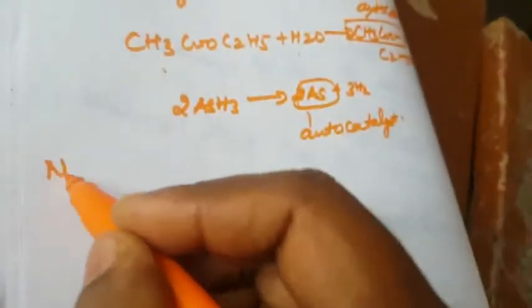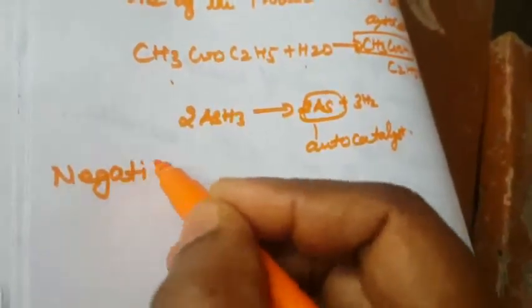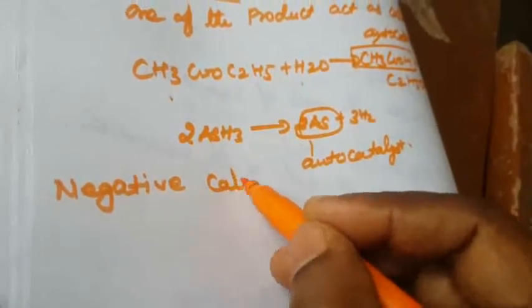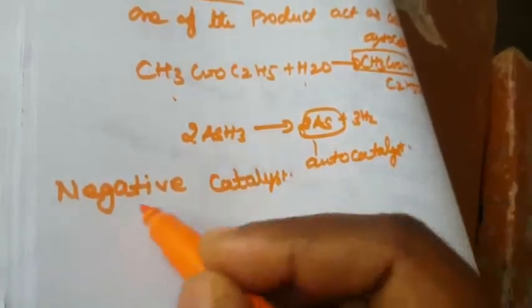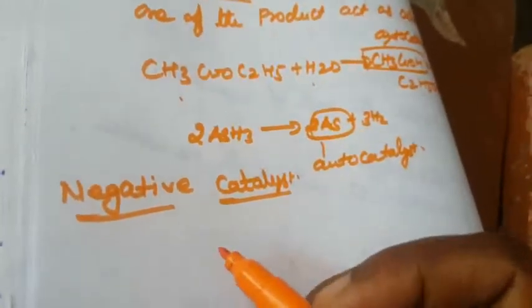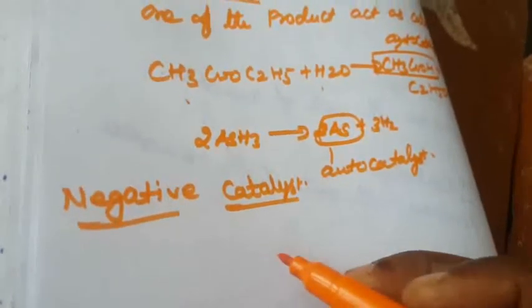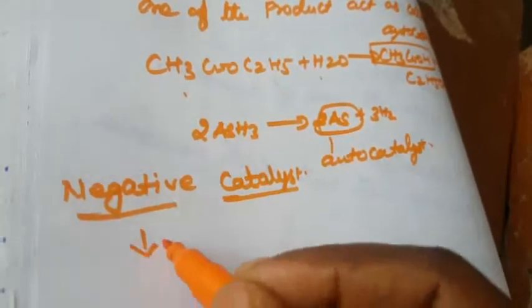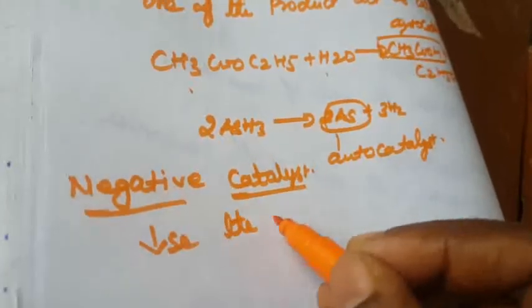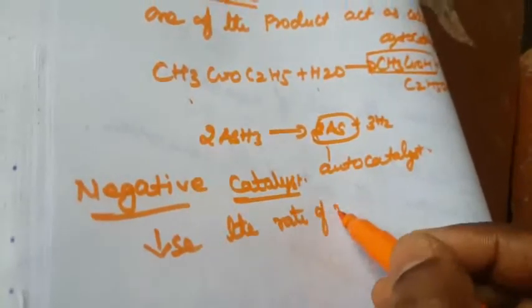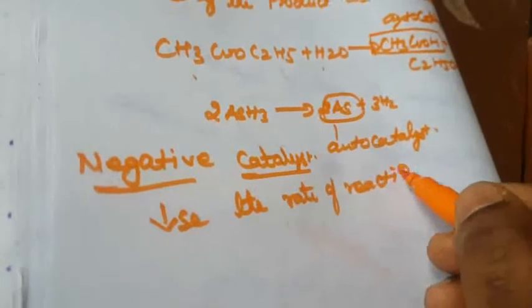Okay, so next one is, what is meant by negative catalyst? In certain reactions, the presence of a certain substance decreases the rate of reaction. That is called a negative catalyst.